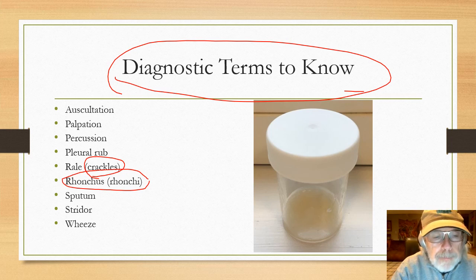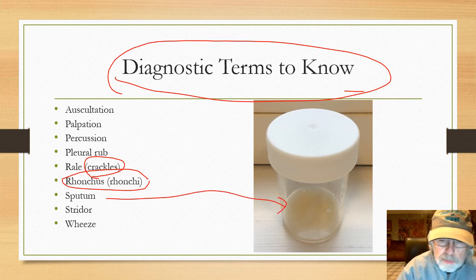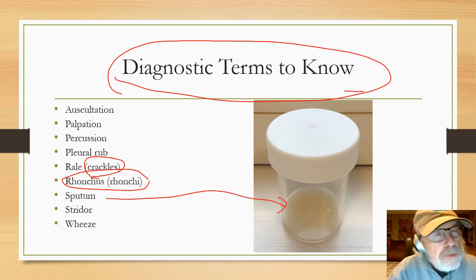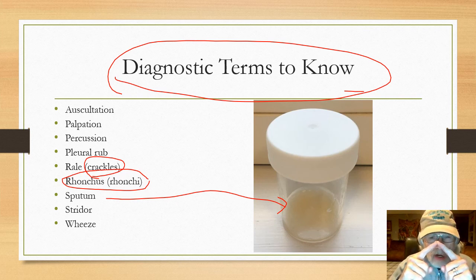Okay, so those are called rhonchi. Sputum, that's what we see over here. Now, sputum isn't spit. Sputum is a lot of the deeper secretions that you get in your lungs. Again, we talked about how the cilia move that stuff up towards the area where the bronchi come together at the trachea, called the carina, where the cough reflex is, and you can cough this stuff up.